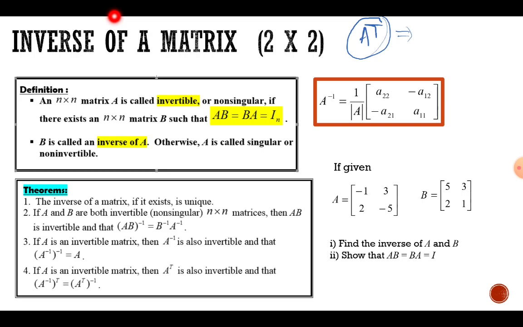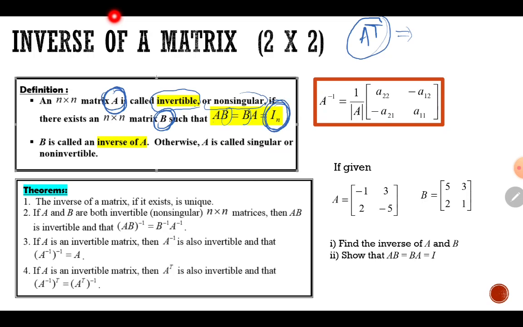Okay, so the inverse of a matrix: katakanlah matrix A here, a matrix A is called invertible, or non-singular. Maksudnya dia ada pasangan dia, if there is another matrix, we call it matrix B, where when we multiply matrix A with that matrix B, or B placed in front multiplied with matrix A, it will result in the identity matrix.